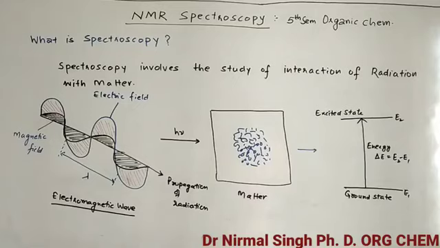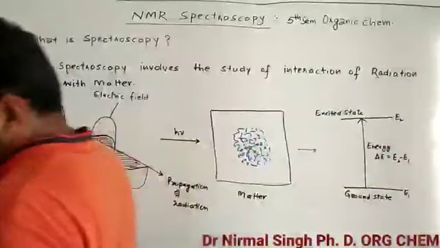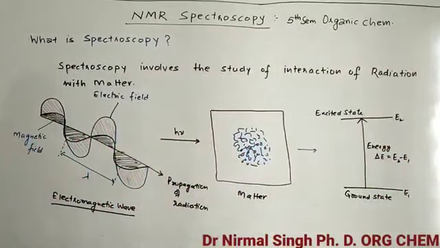So now the question is, why does matter absorb light, when does it absorb light, and which light does it absorb easily? That depends upon what we already studied in the Bohr model: in a compound there are atoms, and in an atom we have some discrete energy levels.